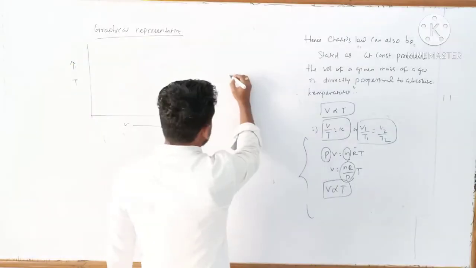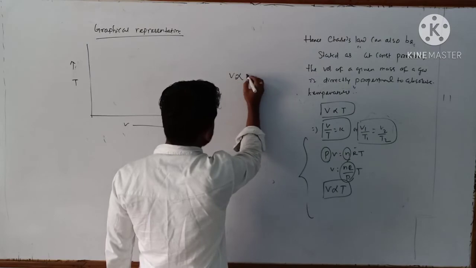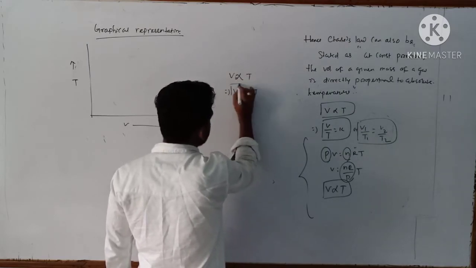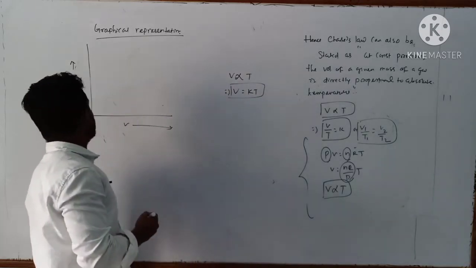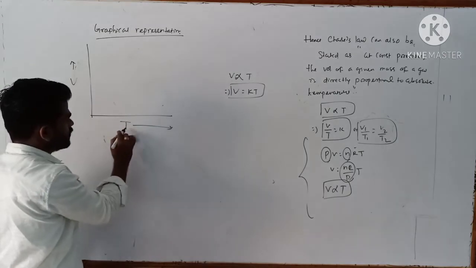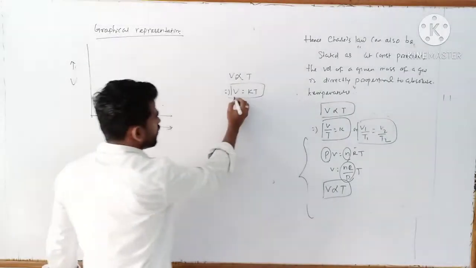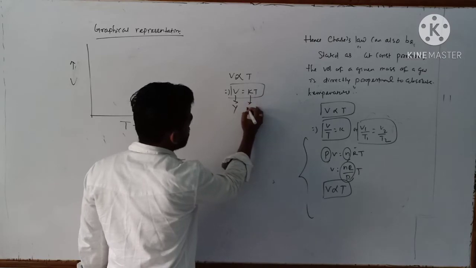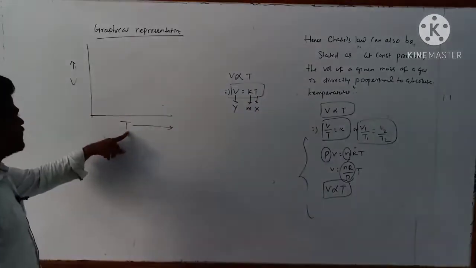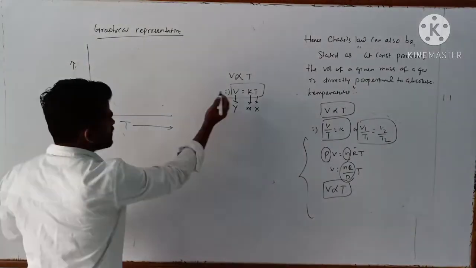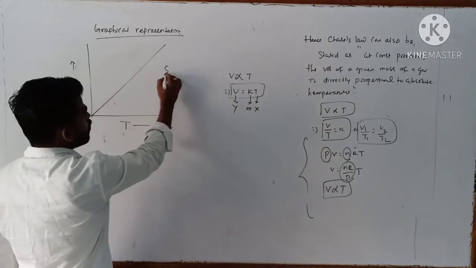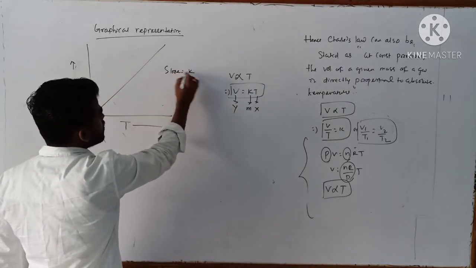V is directly proportional to T, that implies V is equal to KT. If I compare, this one is Y, this one is m, and temperature is X. The graph between X and Y: Y is equal to mx, that means a straight line passing through the origin. So here the slope is equal to K.